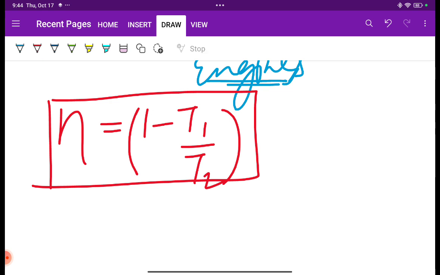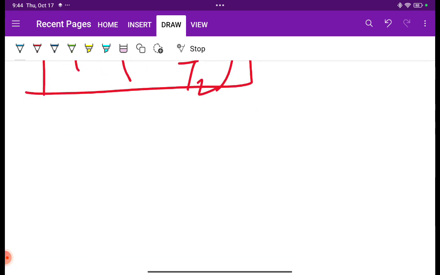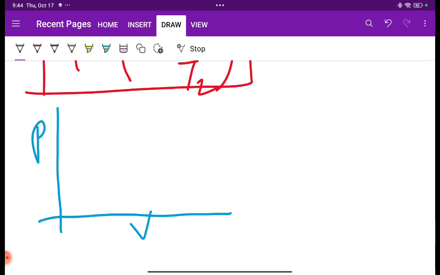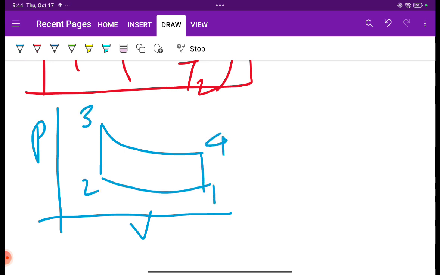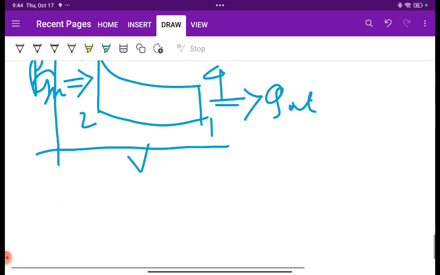Now let's see the graph, what it means. This is the PV diagram of this graph. This is point 1, this is point 2, point 3 and point 4. Heat is added in this side and it gives out heat from this side. This is the PV diagram of Otto cycle.